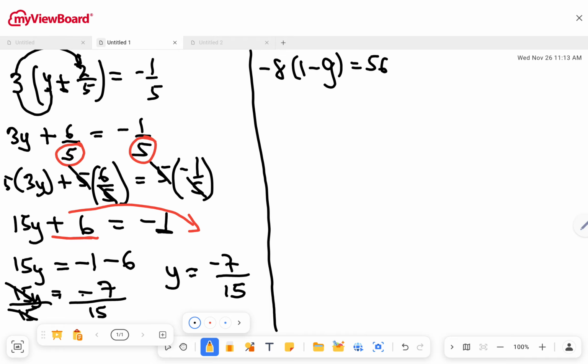Now let's see, this negative 8 is attached to this parenthesis or bracket. So as we use the distributive property in the previous question, we are also going to use distributive property in this question as well. So we must expand the bracket. What I'm saying is distributive property.